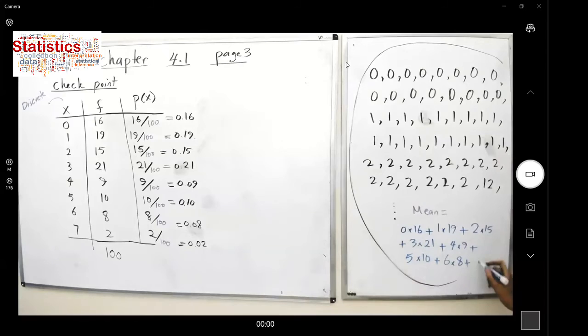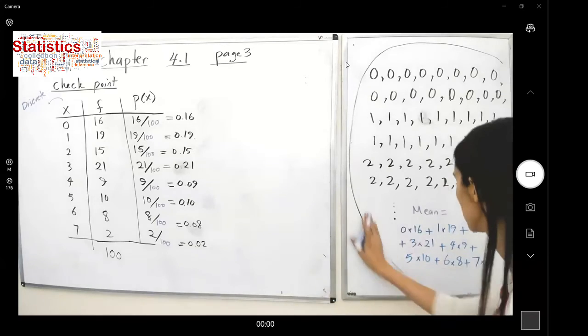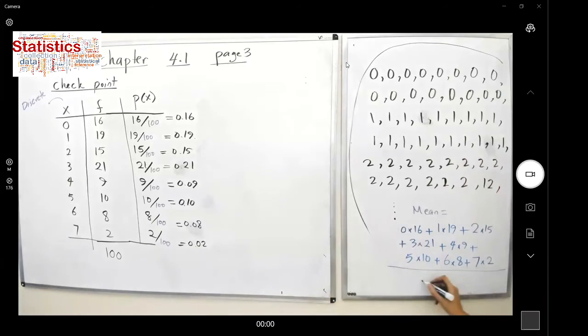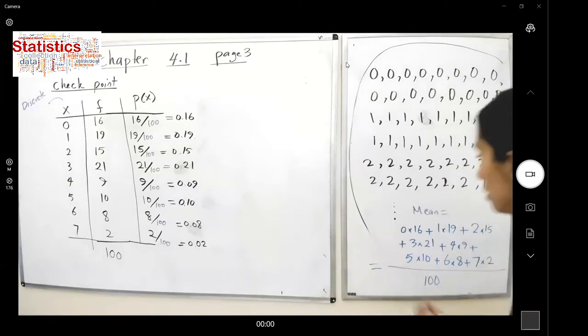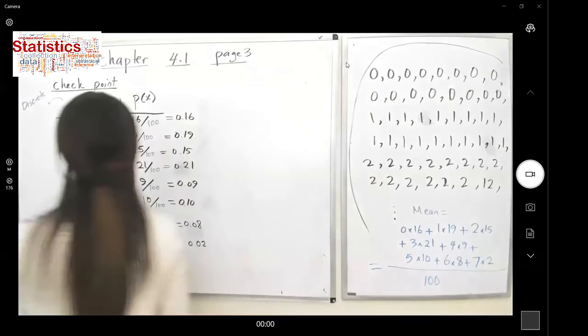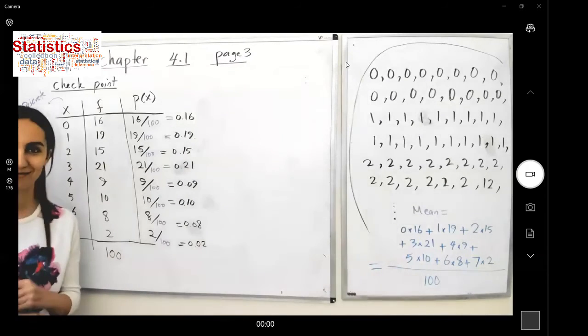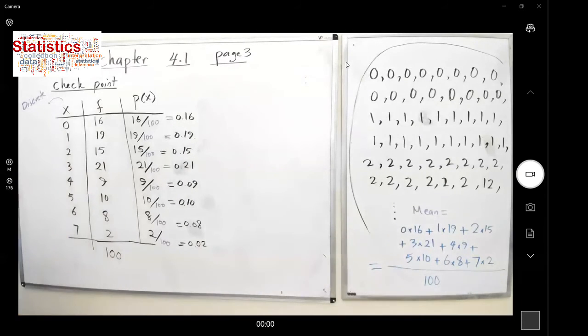So we're going to add all of the data that we have and then divide it by 100. Okay, do the calculation for me and find the mean here. What would be the mean of your collection?